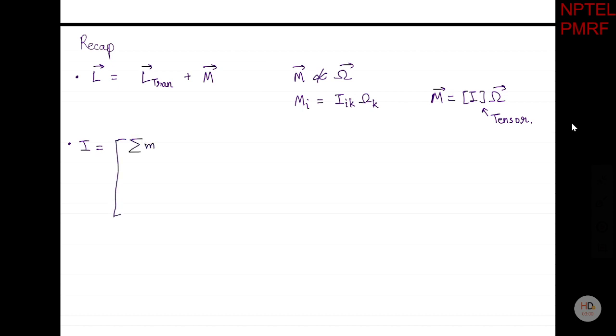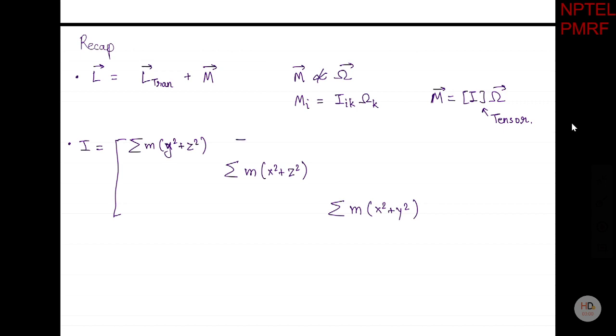On the diagonal you have sums of squares, so at xx you would have y square plus z square, here we would have x square plus z square, and at this place you have x square plus y square.